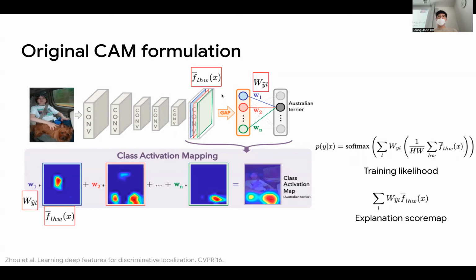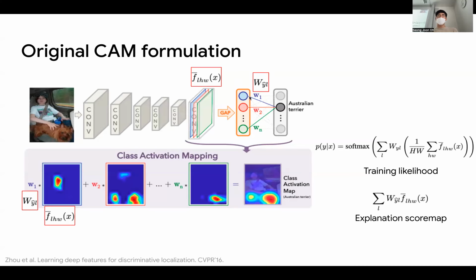So what they do first is they get this convolutional feature map, and then they do global average pooling on top of that. That's going to give them a vector per image. So this blue part is average pooled into this single number here, the red part into the red here, and so on, right?